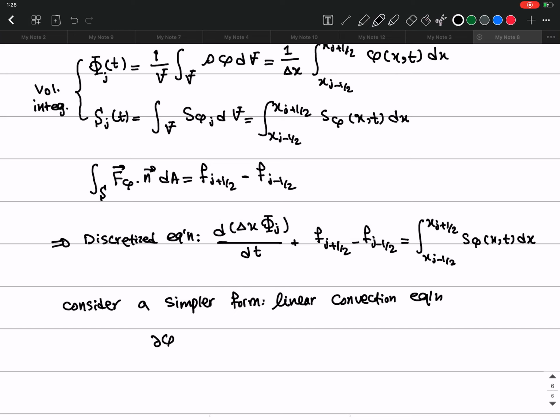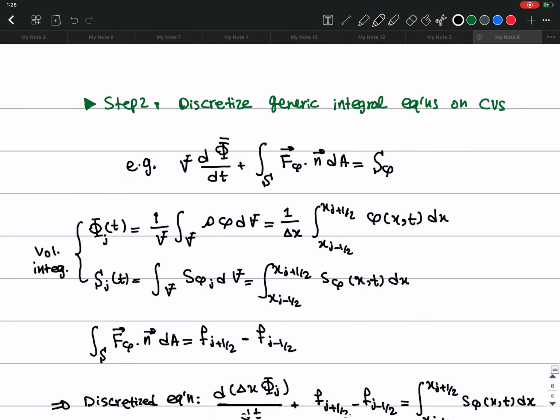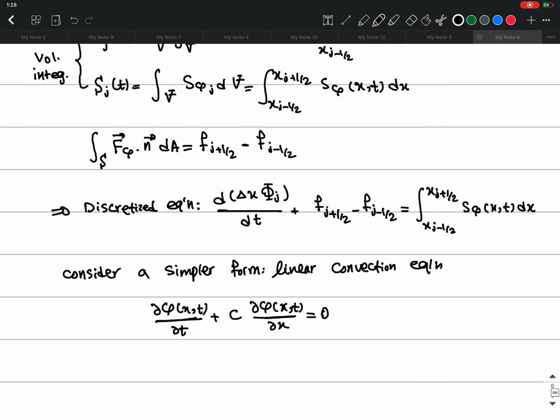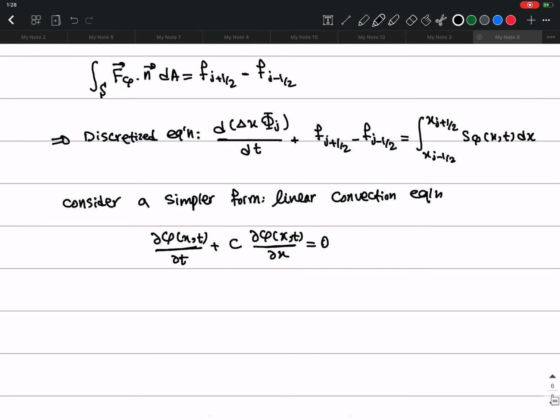For this equation, partial phi of x and t over partial t plus c partial phi of x and t over partial x equals 0. So we have no source or sink term here. It is 0. And the fluxes we have are a little bit simpler. The c is constant here.